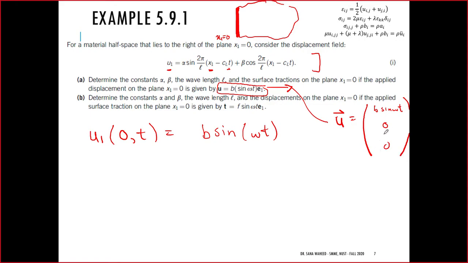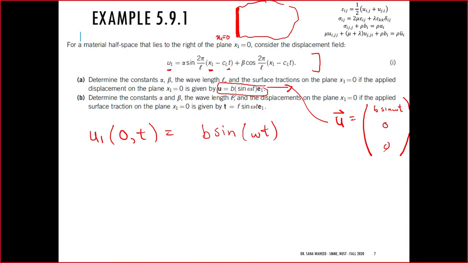In other words, I can see that u only has a component in the one direction. That's why I've written that u1 is equal to this. Just forget the others, u2 and u3 which are 0. That's trivial, right? Okay, so now if u1 is this, we already have an expression for u1.